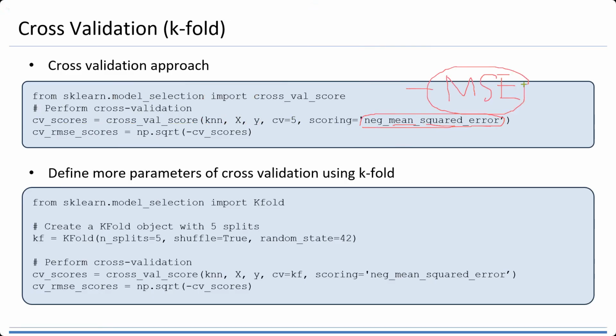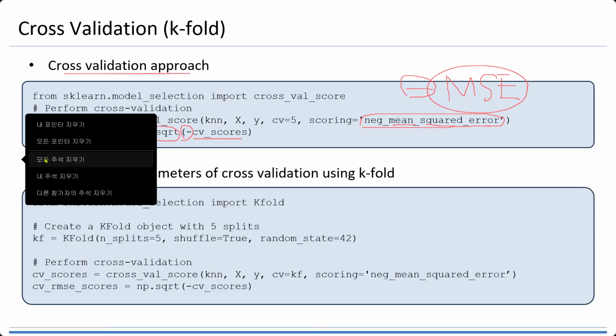After we get the MSE, because it is negative, we can get the RMSE. The RMSE means the square root of the negative of the scores. So this is using the cross-validation approach.